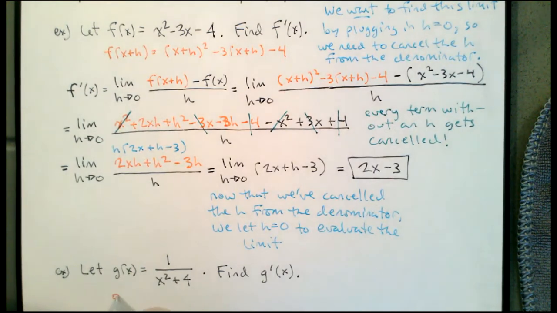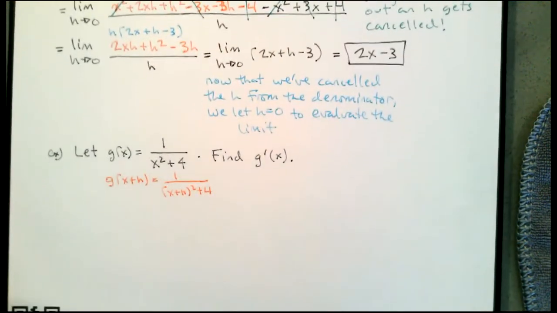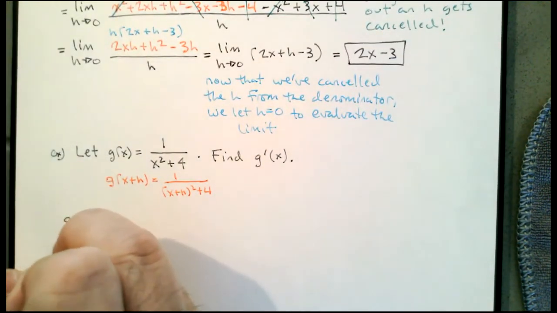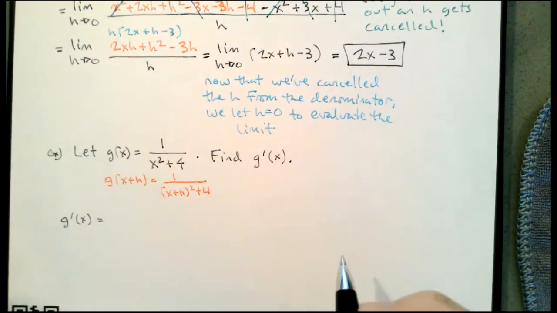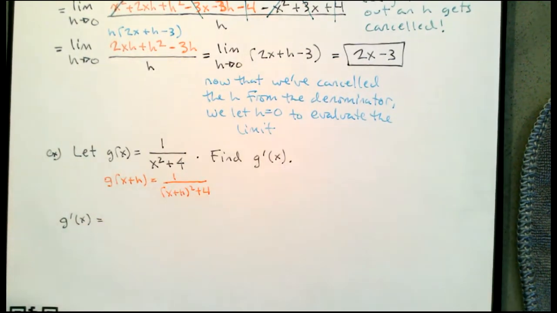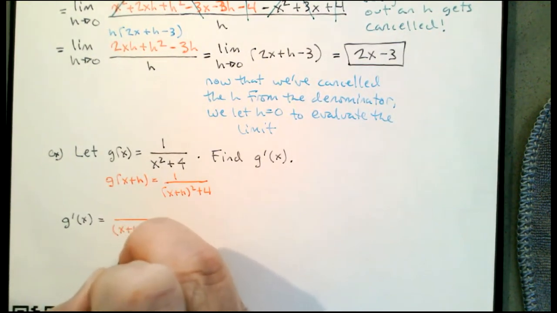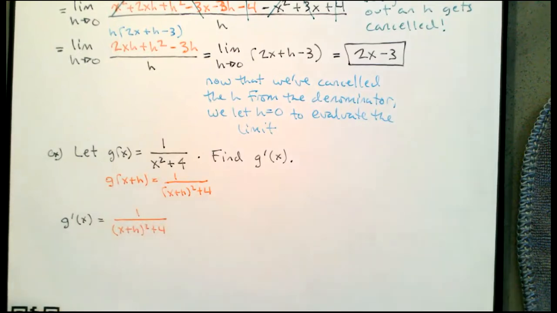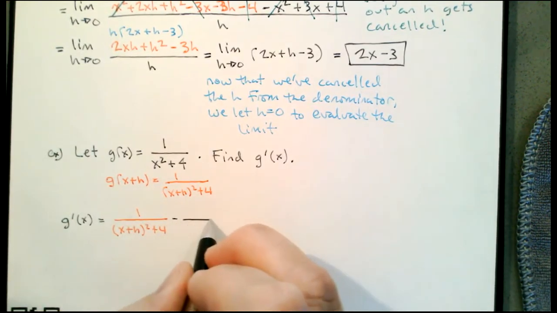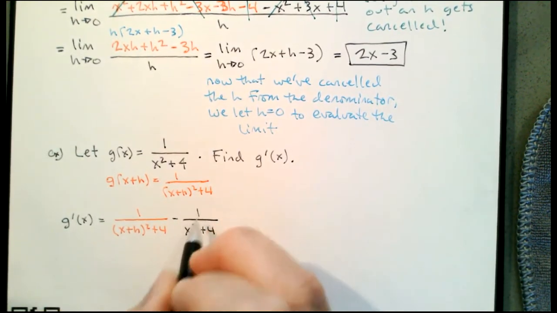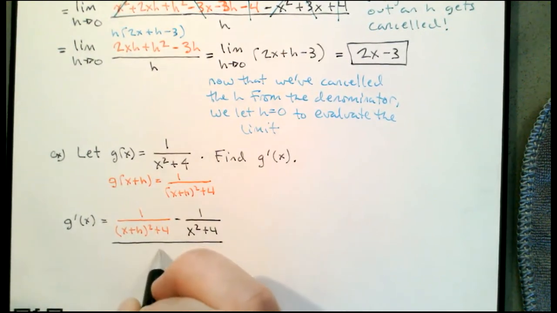So let's take a look at the parts. g of x plus h is going to be 1 over x plus h squared plus 4. Let's put this into our limit. So g prime of x is going to be 1 over x plus h squared plus 4 minus 1 over x squared plus 4, all this over h, and I forgot the limit.